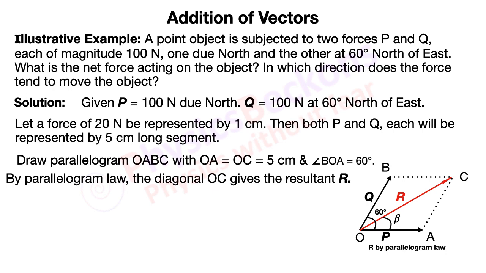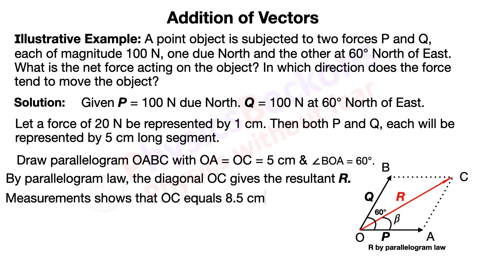Okay, you can measure the length of the diagonal. The measurements show that the length is nearly 8.5 centimeter, equivalent to 8.5 into 20, because each centimeter represents 20 Newton. So 8.5 into 20, the net force or resultant force is about 170 Newton force.